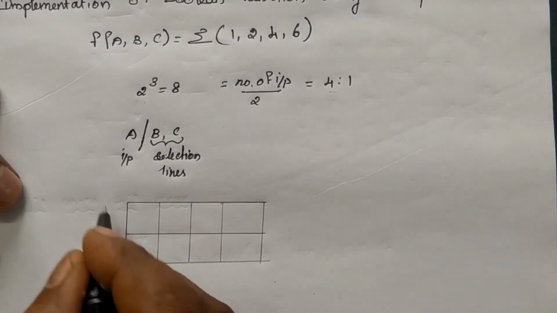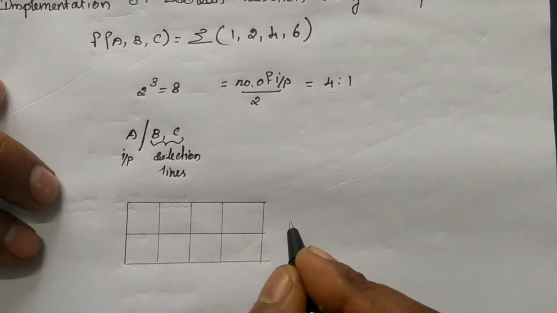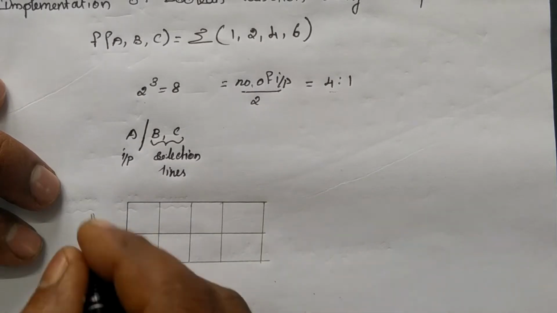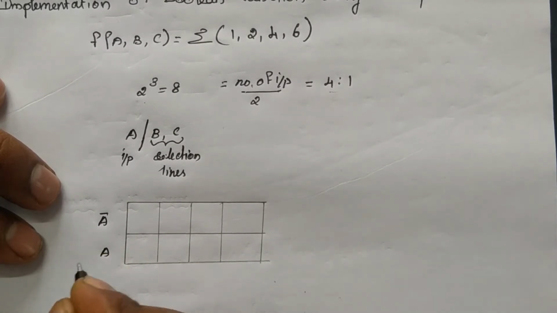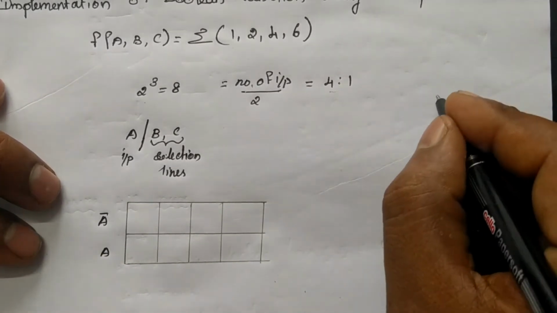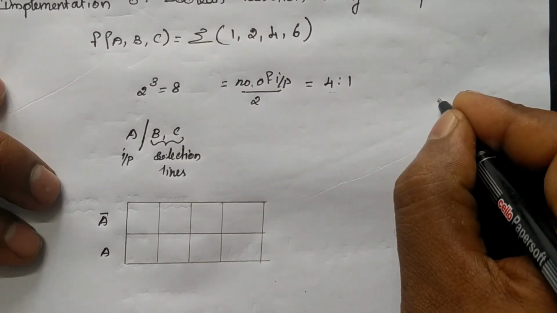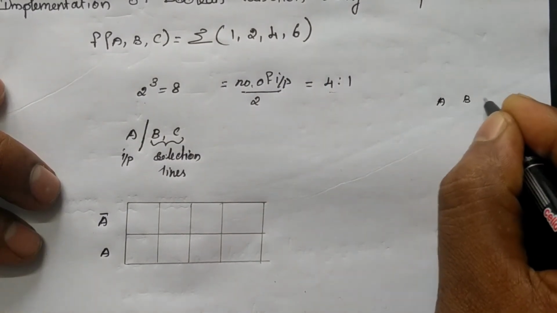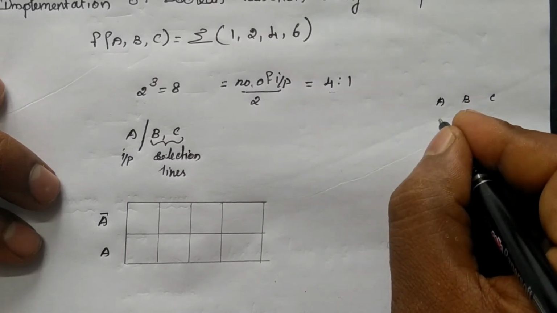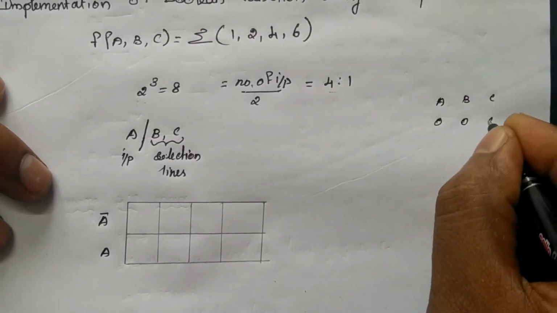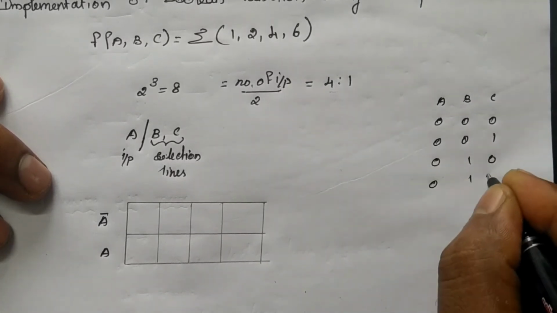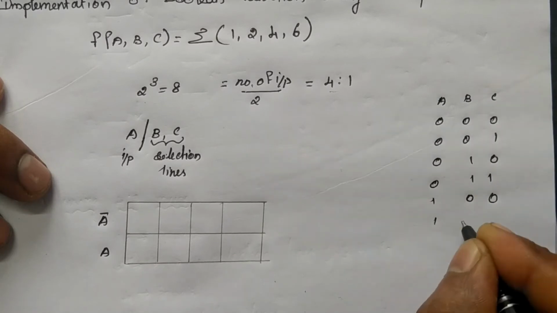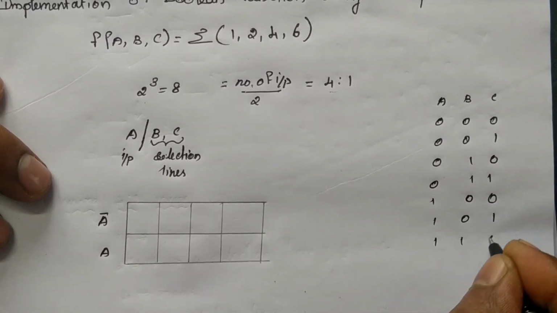In that, the first row is represented by a bar and the second row is represented by a, which is a simple representation. If you consider the 3 variables a, b, c, the values start from 0, 0, 0, 0, 0, 1, 0, 1, 0, 0, 1, 1, 1, 0, 0, 1, 0, 1, 1, 1, 0, 1, 1, 1.